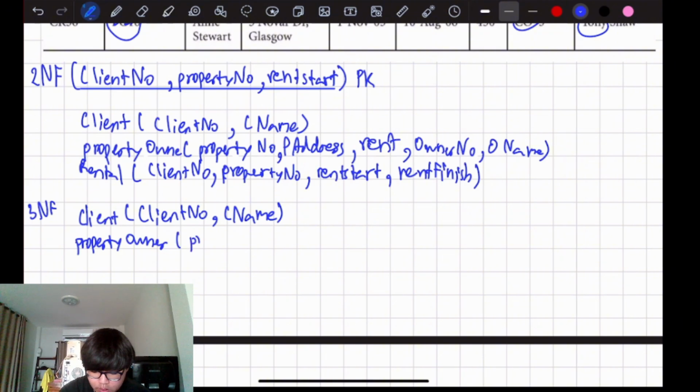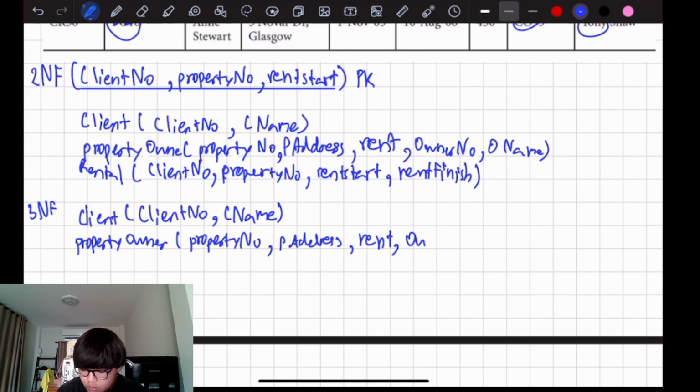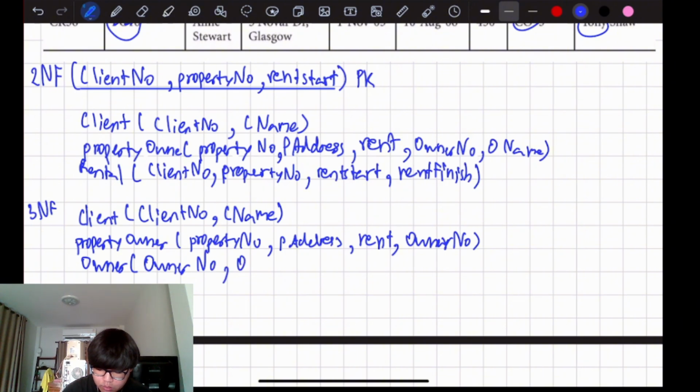Property owner contains property number, address, rent, and owner number. And we split the name into the next table so that the property owner cannot have a transitive dependency. So the new table is the owner table. In the owner table we have owner number and owner name.